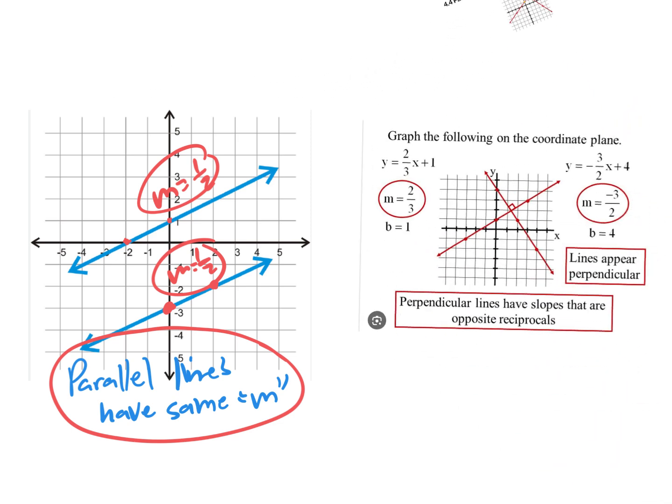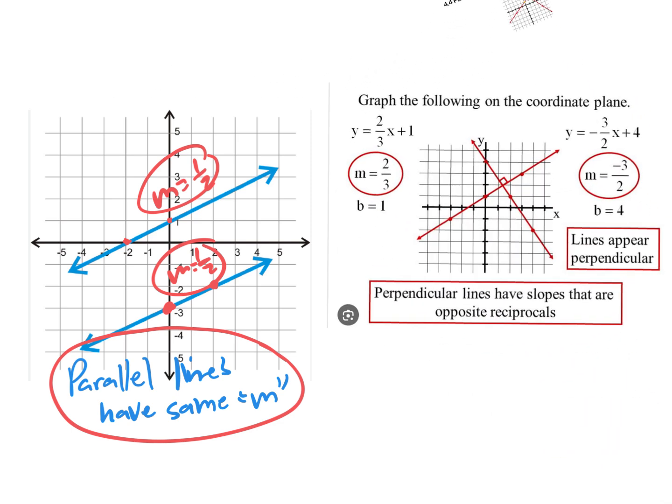Check it out. It's the same graph, but we have one line that has positive 2/3 plus 1, right? Cross that 1, you go up 2 over 3. This is the line, y equals 2/3 x plus 1. And this line crosses the y-axis at 4, and you go down 3 over 2.